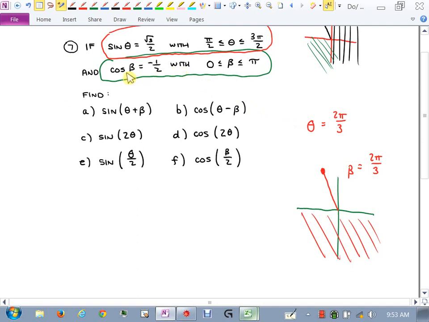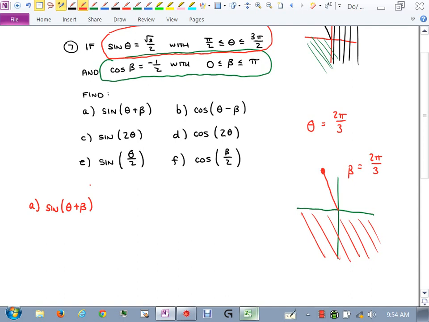Right? This is basically saying, where is your x-coordinate -1/2 on the unit circle? You have to be in either the first or second quadrant. That happens only in the second quadrant. Now, everything else is just applying the formulas off your sheets. You know what theta is, you know what beta is. So let's do part A. What is sine of theta plus beta?